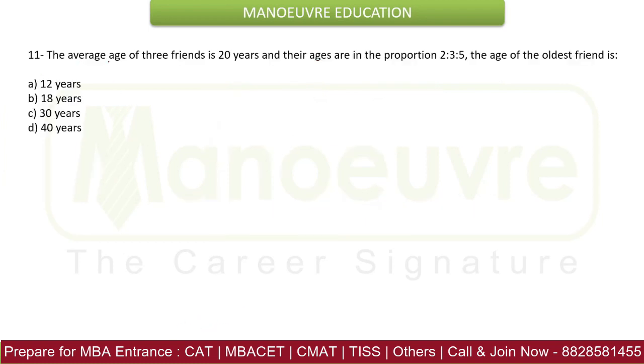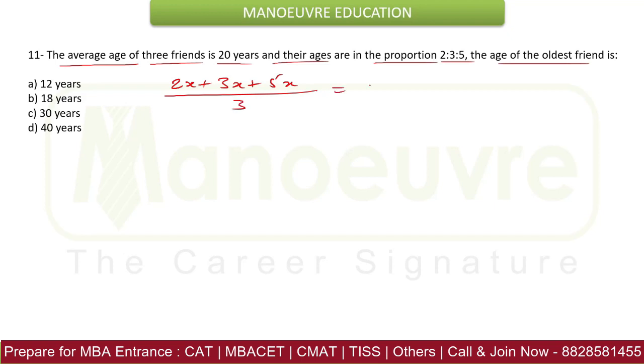The next question. The average age of 3 friends is 20 years and their ages are in proportion 2:3:5. So the age of the oldest friend is, okay, now let's say their ages are 2x, 3x and 5x for 3 friends. So the sum of their ages divided by 3 will be the average, that is 20, which is given.